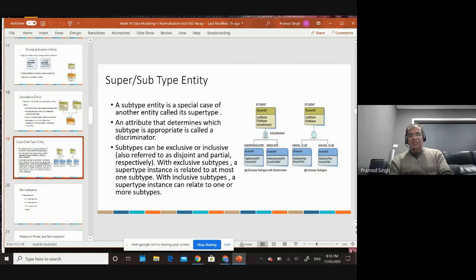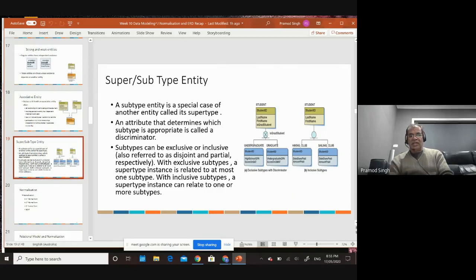The second thing, when it comes to the attributes, on the left hand side you can see undergraduate and graduate have at least some different attributes to identify that particular subtype.